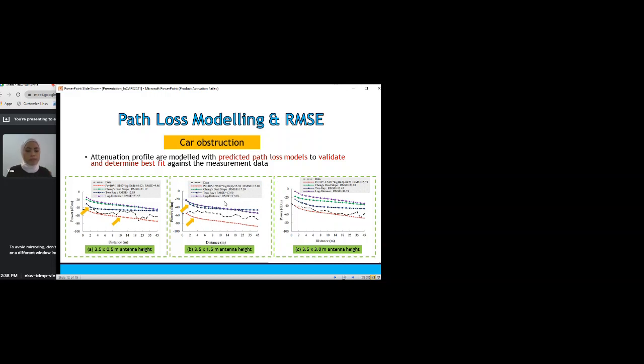In terms of signal level, for 0.5 meter and 1.5 meter, it averages between -20 and -60, almost similar. And for the higher antenna height at 3.0 meter, the RMSE level is much better.